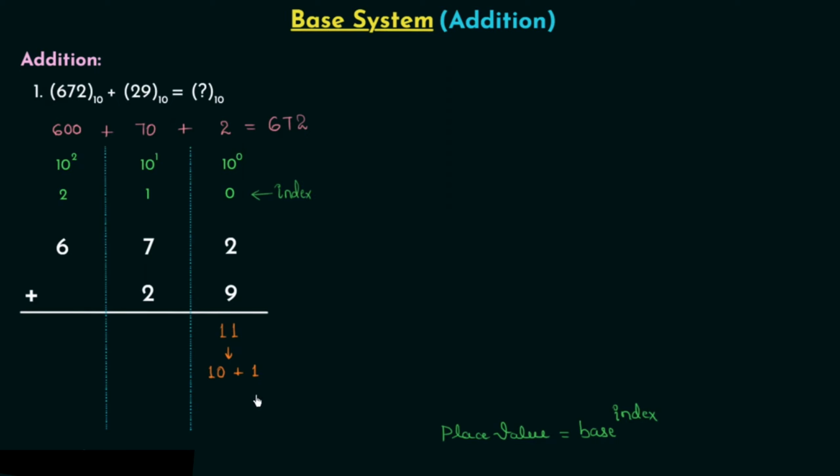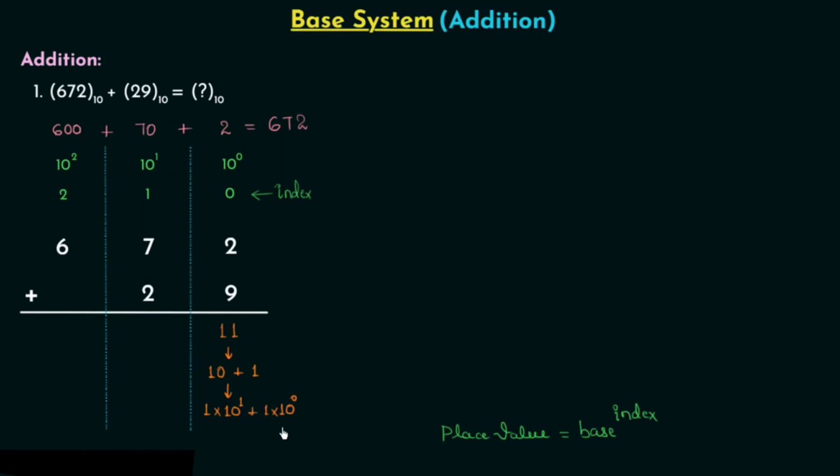Now in the next step, I want to write the digits along with their place values in this. So we will have 10 written as 1 multiplied to 10 raised to power 1. And we will have 1 written as 1 multiplied to 10 raised to power 0. Now when you observe properly, you will find we have two digits, 1 and 1.